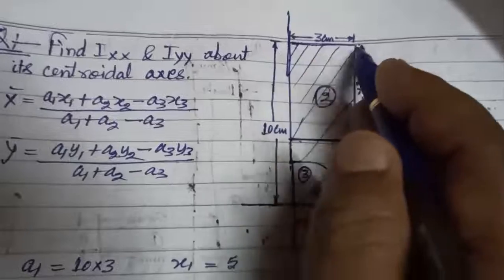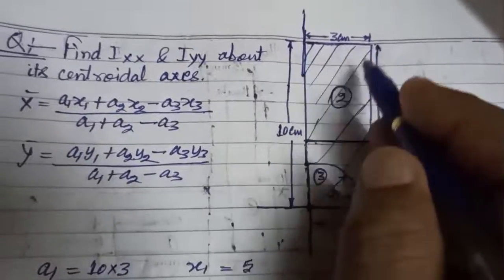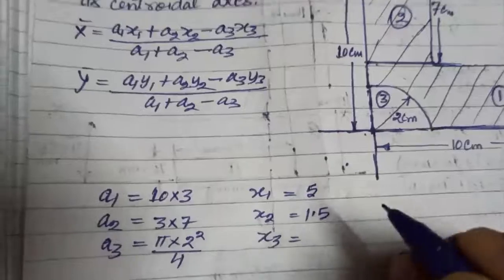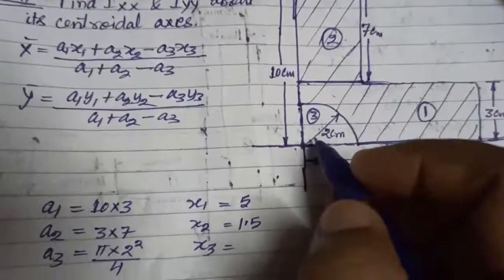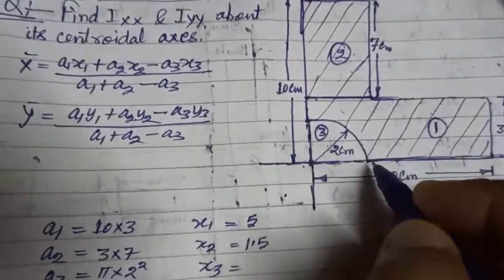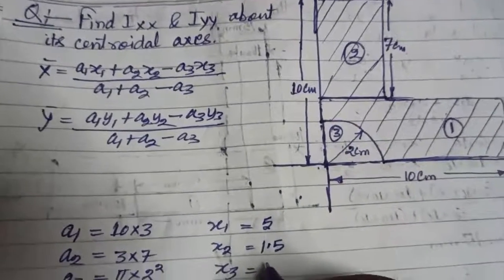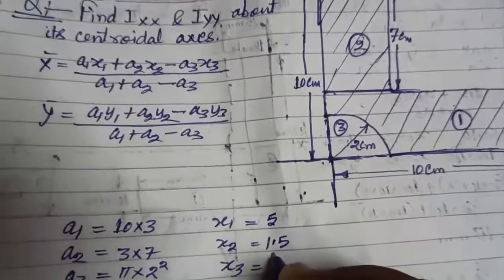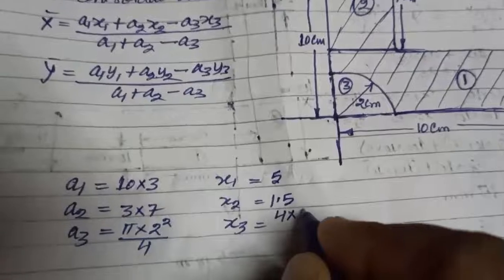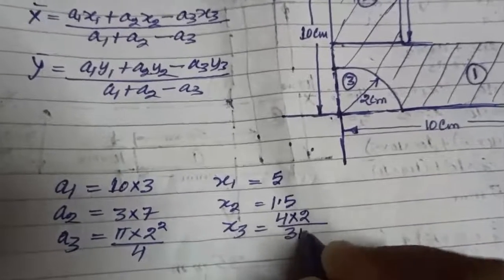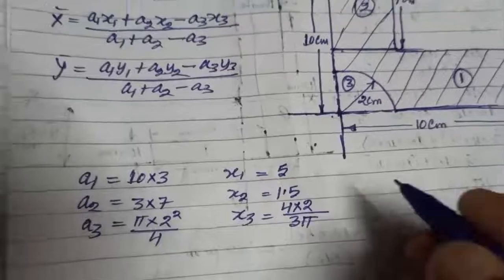X2 is, this side is 3, so X2 is 3 by 2, so it is 1.5. And for X3, this is a quadrant. For a quadrant, X is 4r by 3 pi. So this is X3.